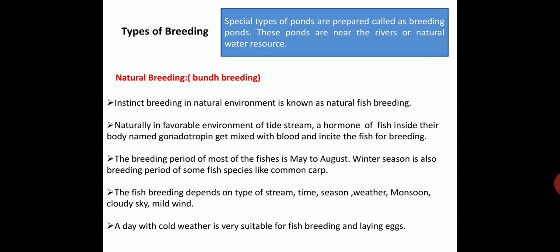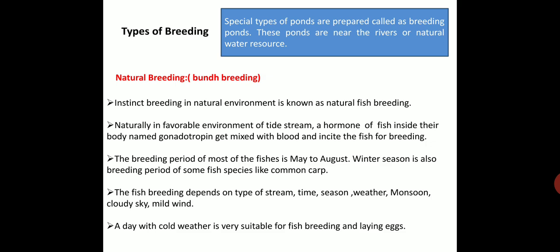This natural breeding, which takes place in the natural environment, is called natural fish breeding. Naturally, in favorable conditions, a hormone of the fish, that is gonadotrophin, gets mixed with the blood and incites the fish for breeding.